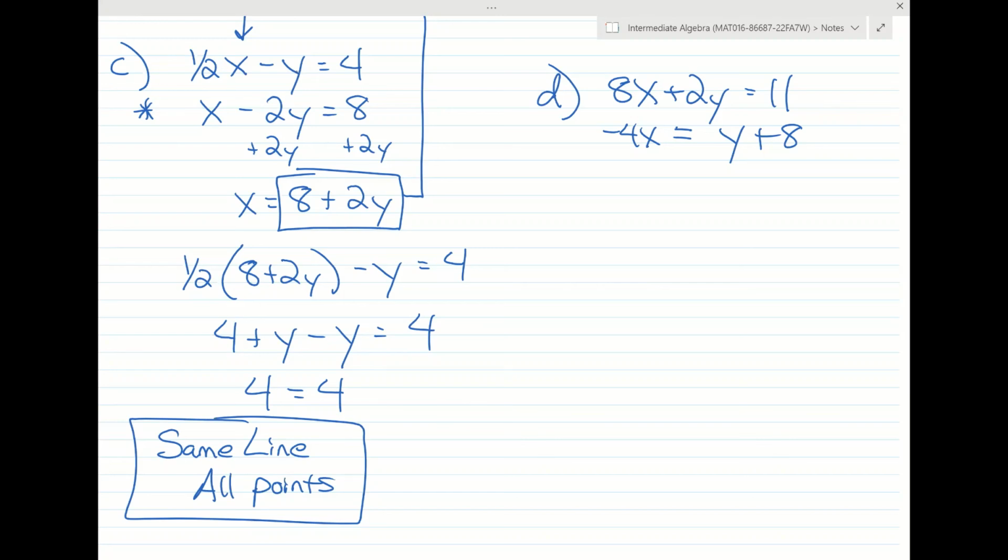Try to get one of the letters by itself. I think if we get y by itself in the second equation, that might be the easiest. I'm just going to subtract 8 on both sides. And this just turns into y is equal to negative 4x minus 8.